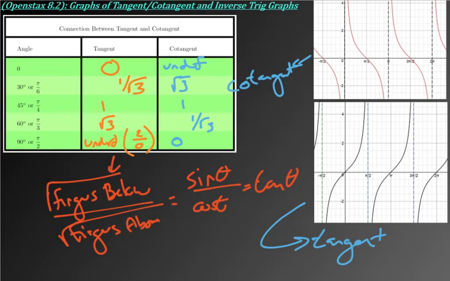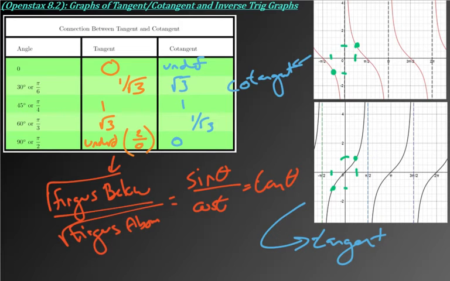When you're at pi over 4, which is halfway right here, you're going to be up at 1. And notice that's the same on cotangent right there. That point is shared because the reciprocal of 1 is 1. And same thing with negative pi over 4, you're going to be at negative 1 on both. So that part is shared by both.